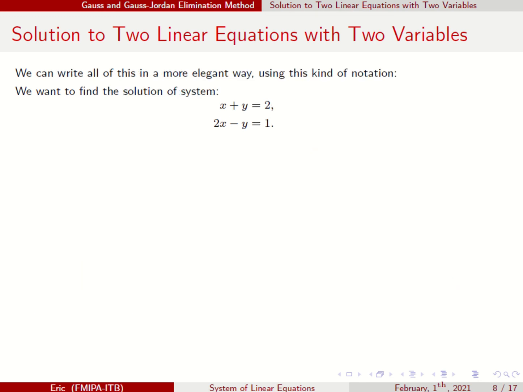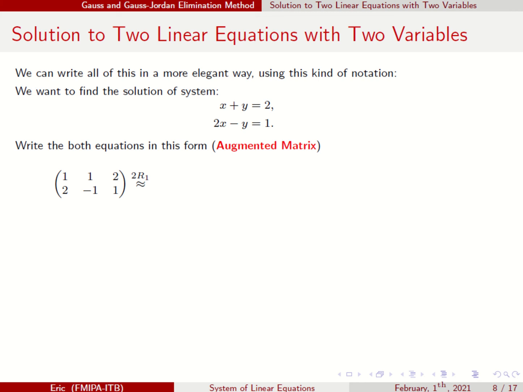So we can write this down in a more elegant way using this kind of notation. We put this into what we usually call the augmented matrix form. We look at the coefficients: 1, 1, 2, 2, minus 1, 1. You multiply the first row with 2, that is 2 times R1.